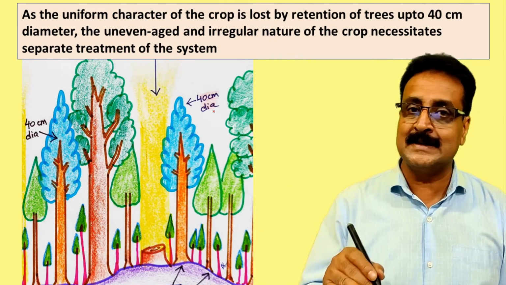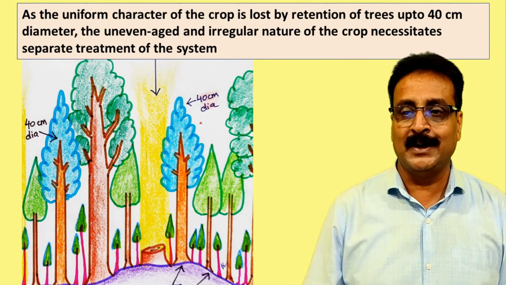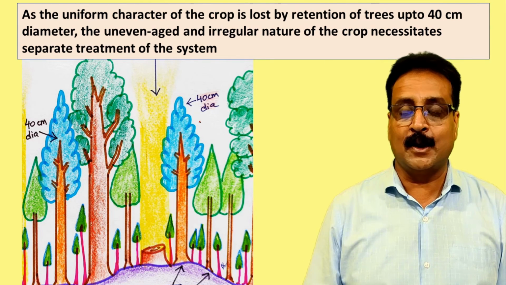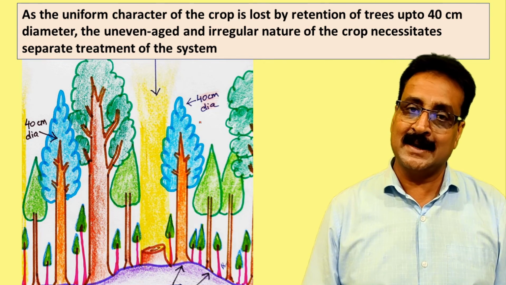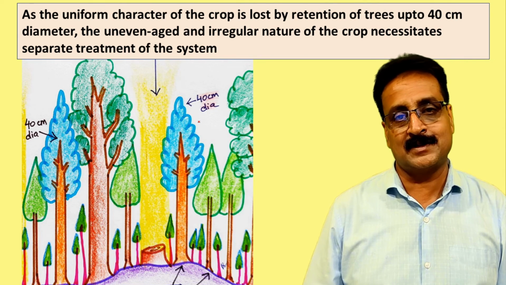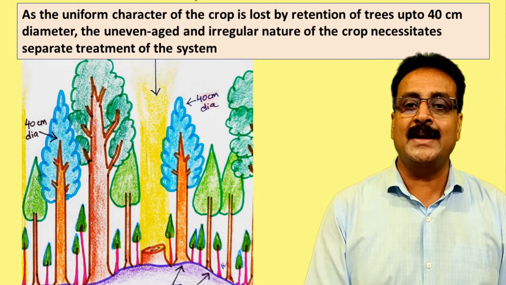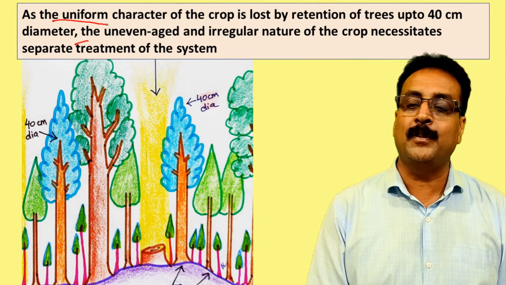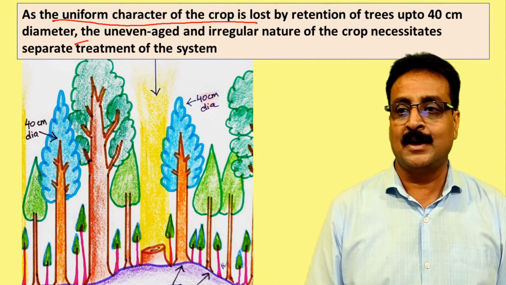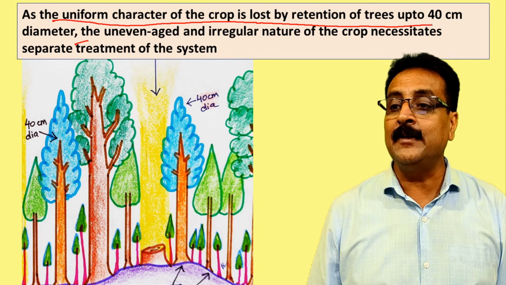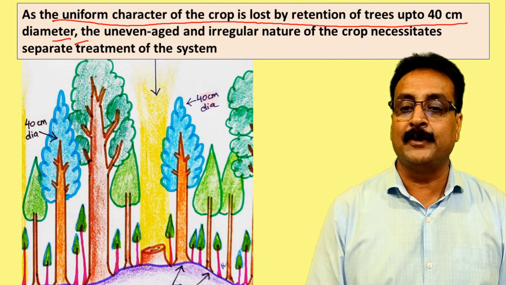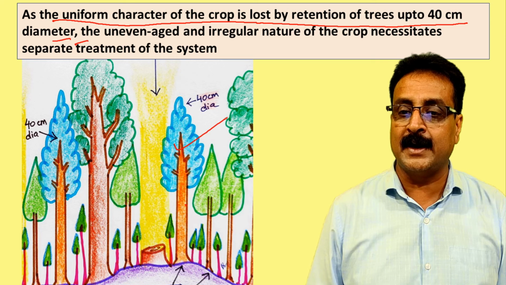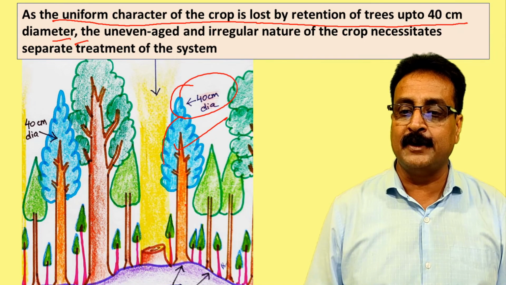But here the case is not like that. As I told you, it is irregular. Felling is irregular, and the resultant crop becomes uneven aged. So the uniform character of the crop is lost, because we retain 40 centimeter diameter trees, we don't cut this species.